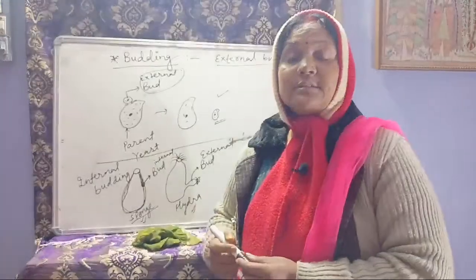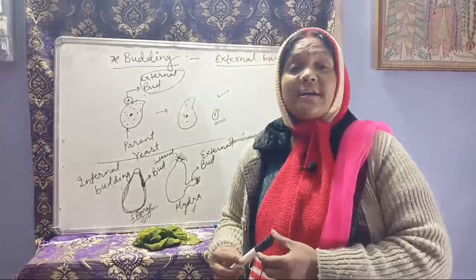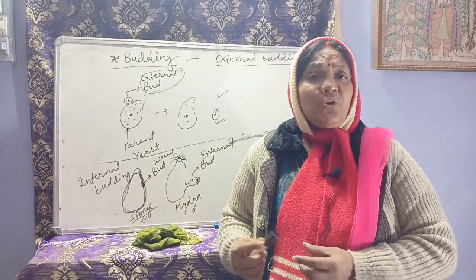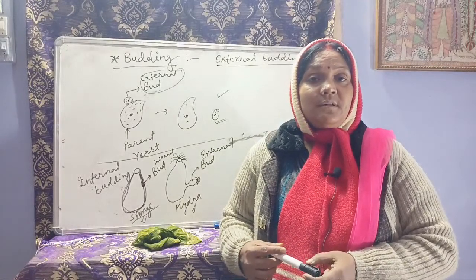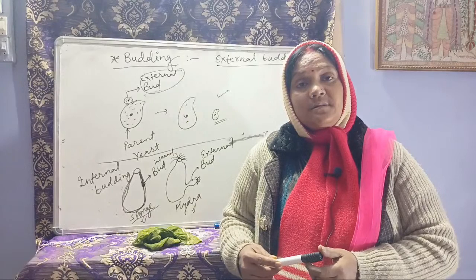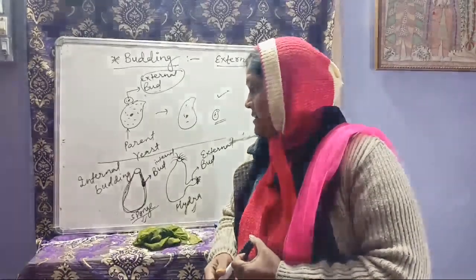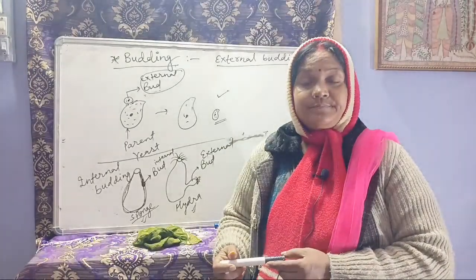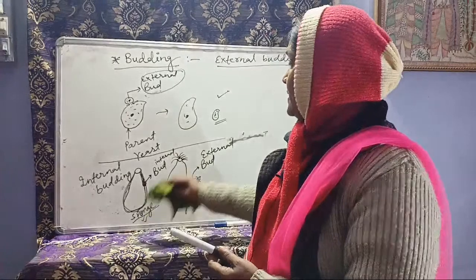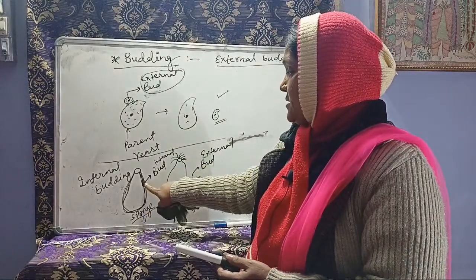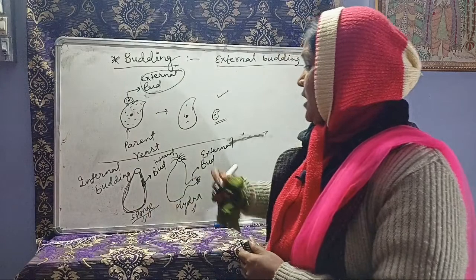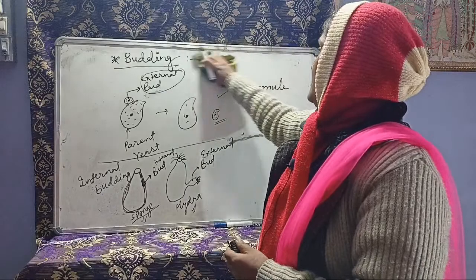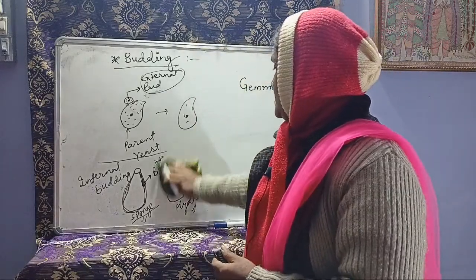After separation from the parental body, the internal bud develops into a new, daughter sponge. Hence it is called internal budding. In a sponge, the internal bud is called gemmule.